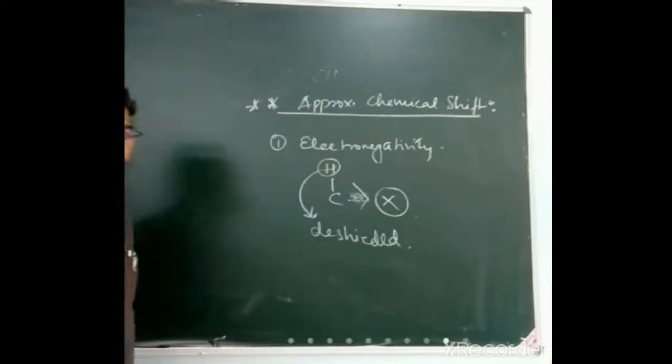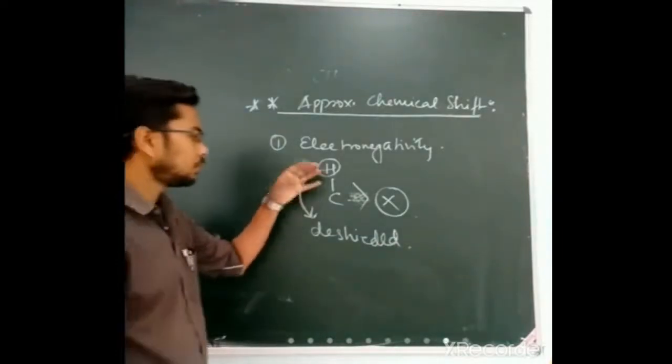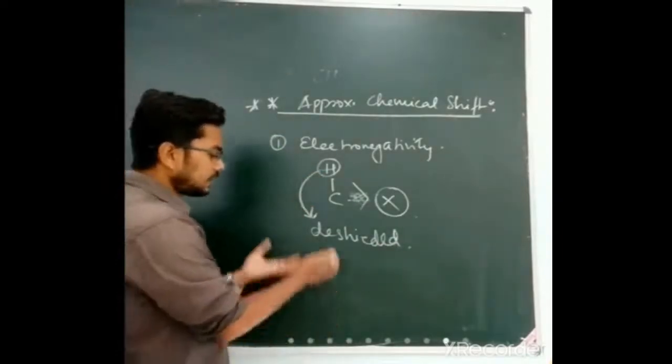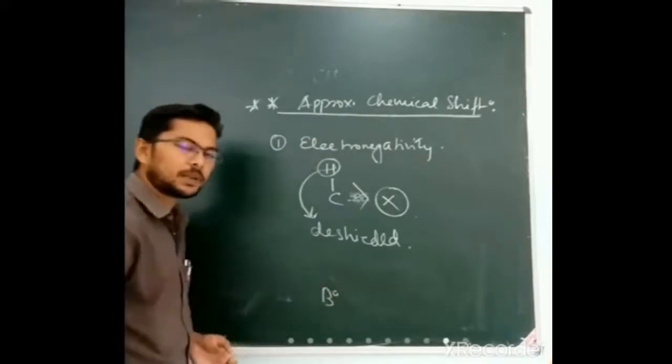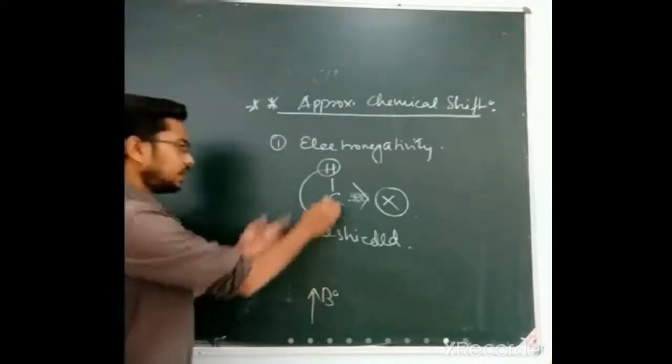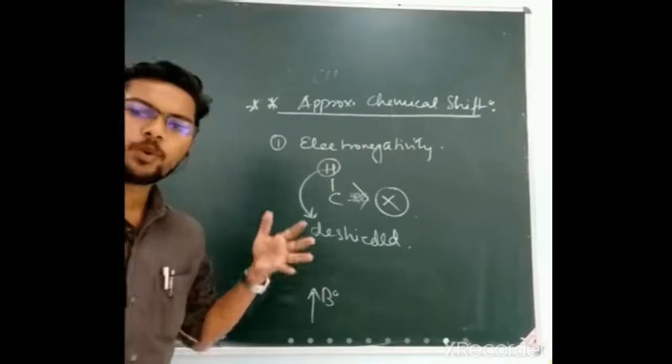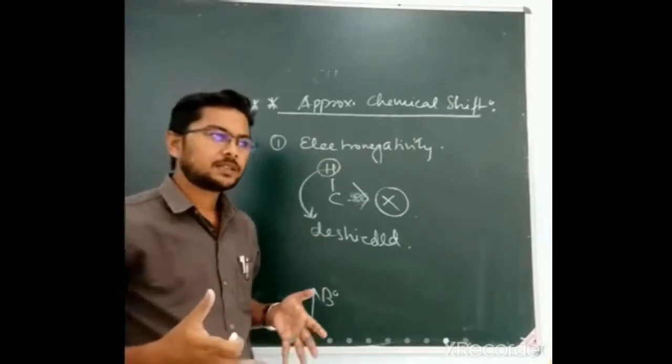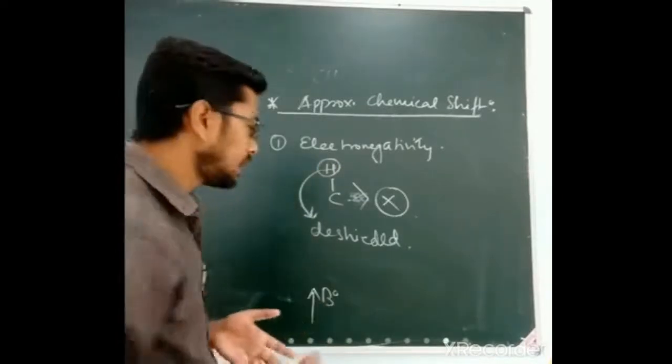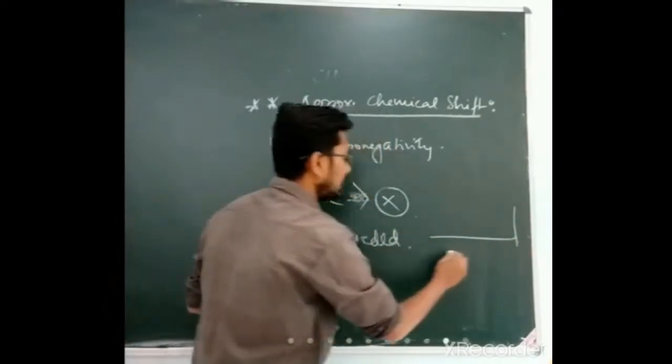Deshielded from what? Deshielded from the external magnetic field, and that's why this nucleus will experience more external magnetic field, and since it is experiencing more external magnetic field, it will appear in downfield.